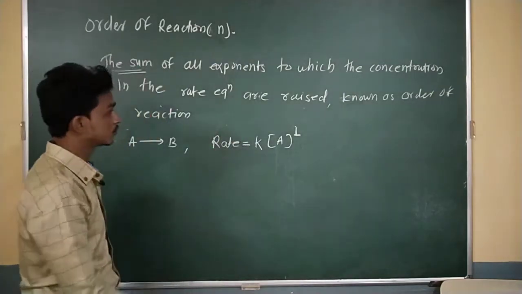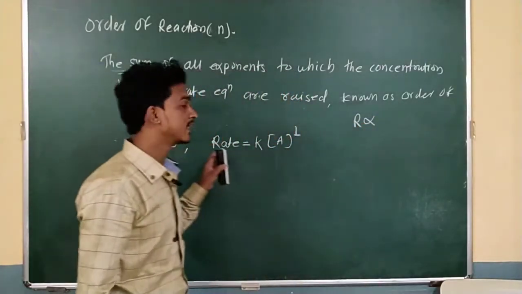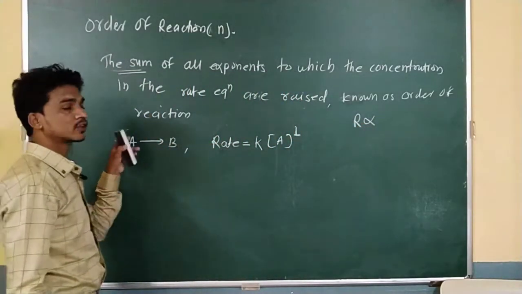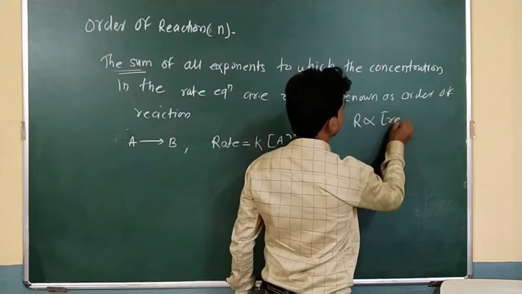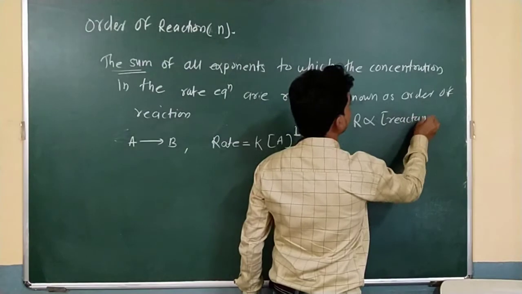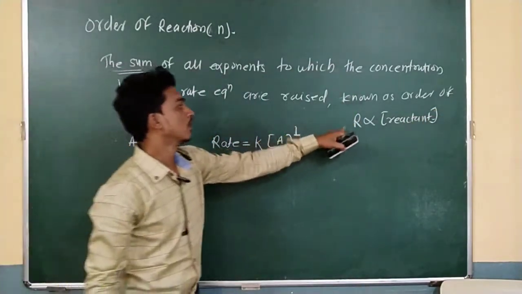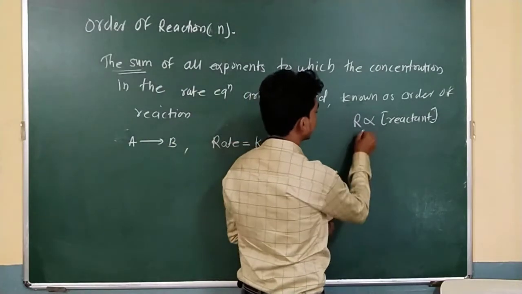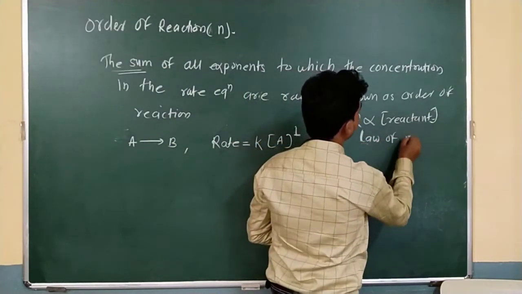This rate law comes from the law of mass action. What is the law of mass action? The rate of any chemical reaction is directly proportional to the concentration of reactants.